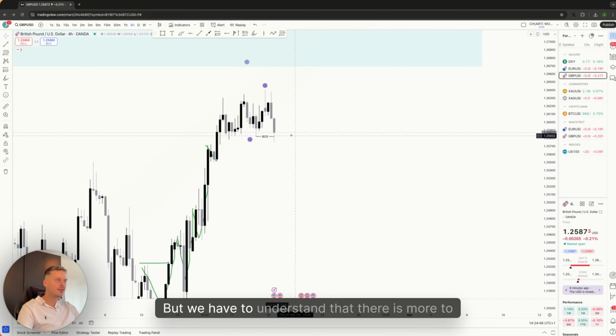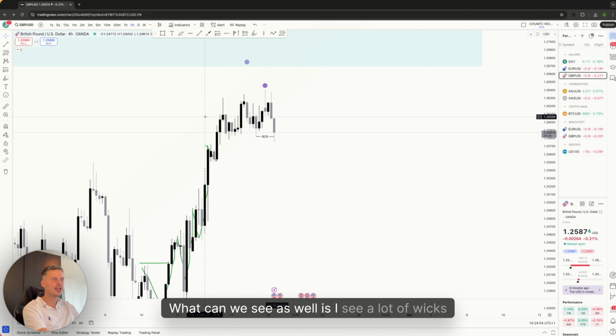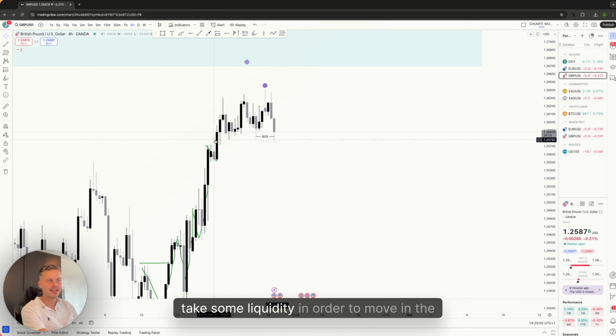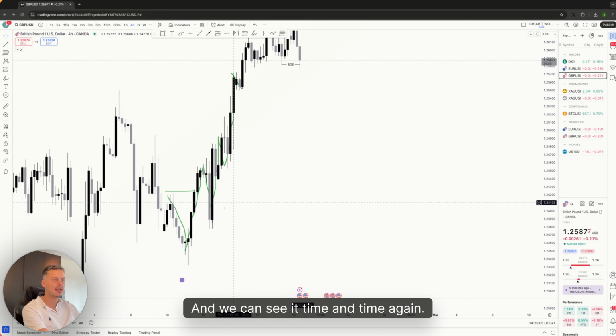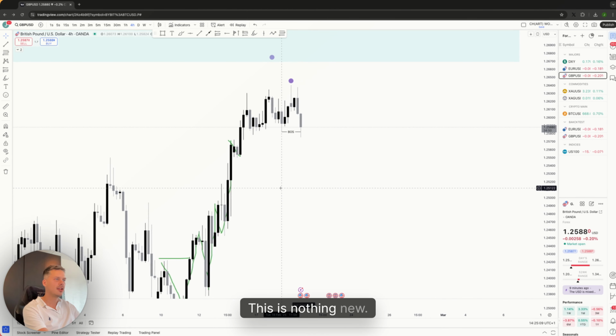But we have to understand that there is more to market structure than just that, right? What we can see as well is a lot of wicks thrown around these lows. And price has to take some liquidity in order to move in the opposite direction. We can see it time and time again: price takes lows out and then moves in the opposite direction. This is nothing new.